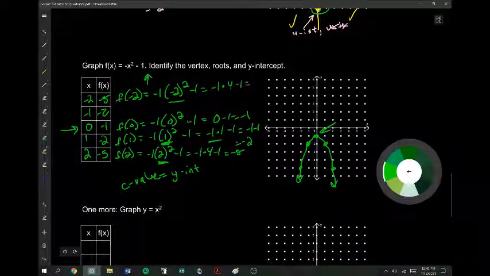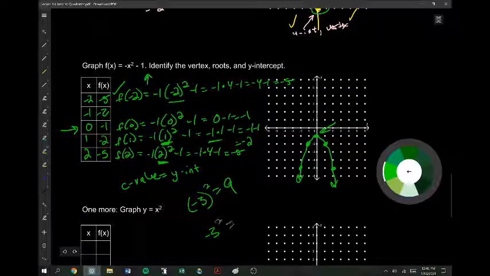Negative 1 times 4 is negative 4, and negative 4 minus 1 is negative 5, just like we got. You have to do the squaring first, and you have to recognize that a negative number squared becomes positive. If you type this into your calculator it will tell you negative 9. So don't use your calculator. We're going to be working with small, simple numbers to start. Don't use your calculator yet.